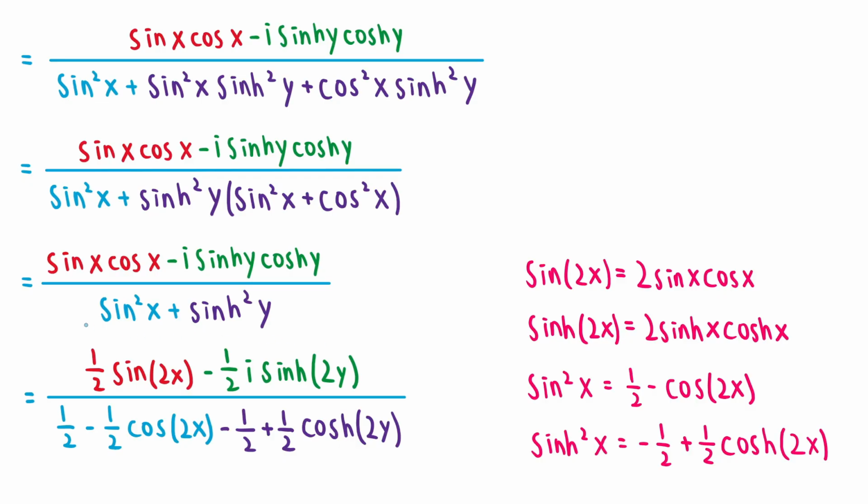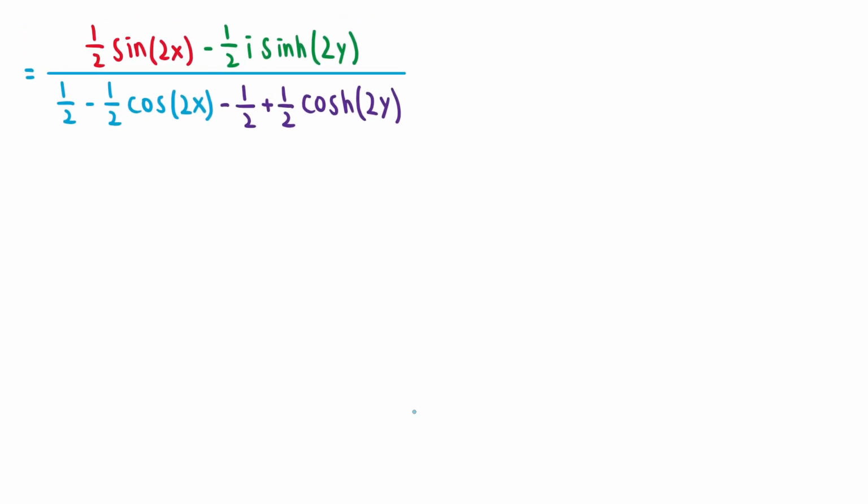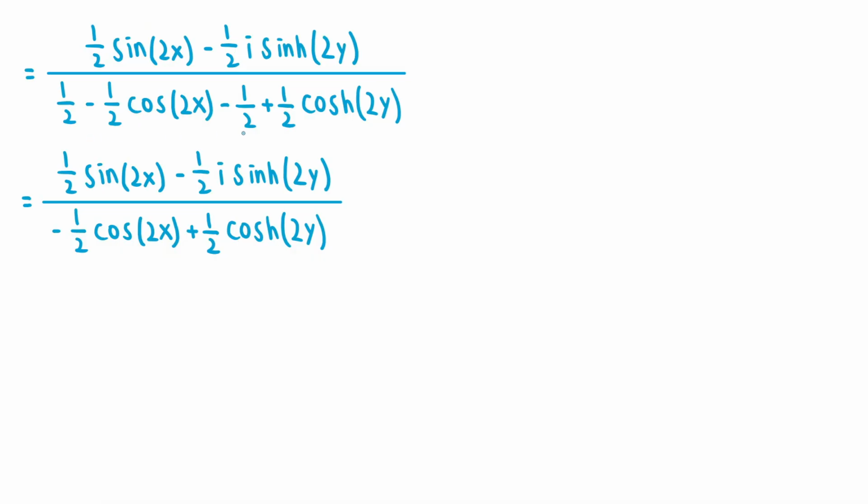In the denominator, we can rewrite sine squared of x as 1/2 minus 1/2 cosine of 2x, using the power-reducing formula for sine, and we can also rewrite sinh squared of y as negative 1/2 plus 1/2 cosh of 2y, using another hyperbolic identity. The 1/2 and negative 1/2 in the denominator cancel out, so the entire expression simplifies to 1/2 sine of 2x minus 1/2 i sinh of 2y over negative 1/2 cosine 2x plus 1/2 cosh of 2y.